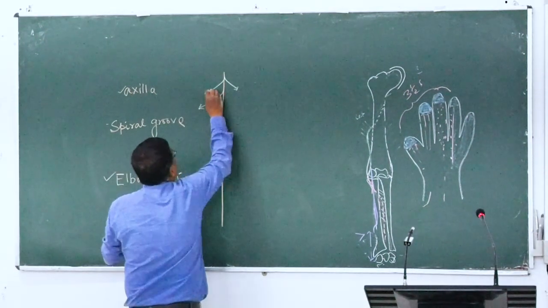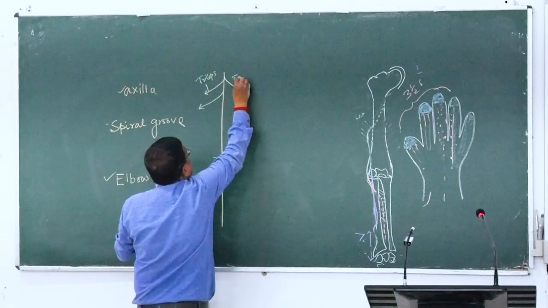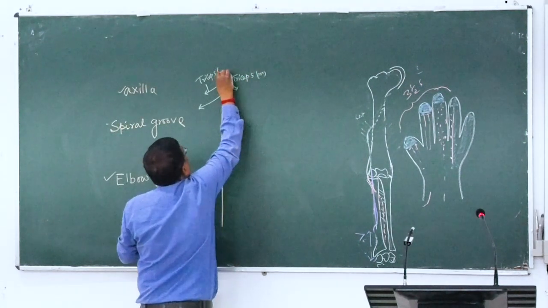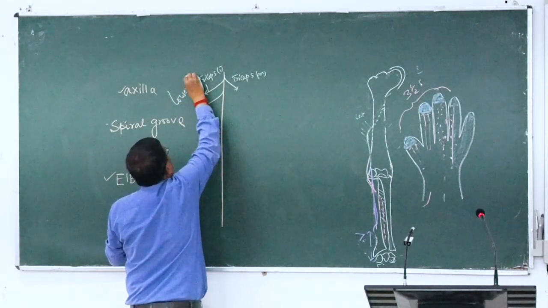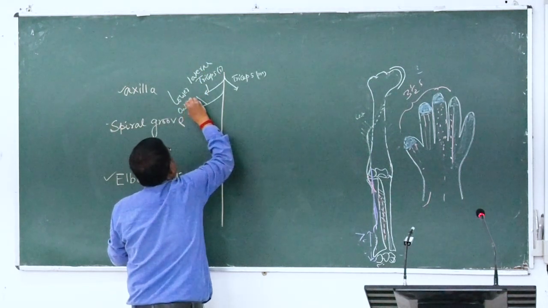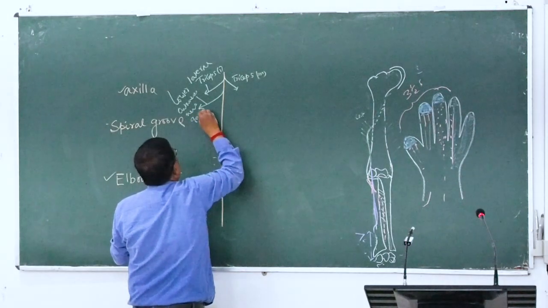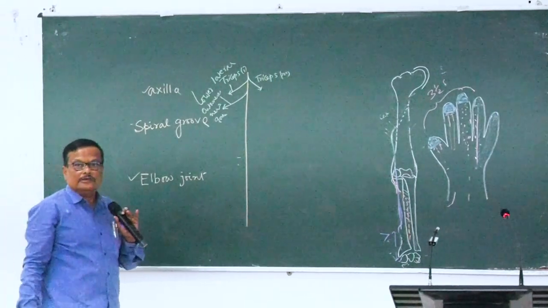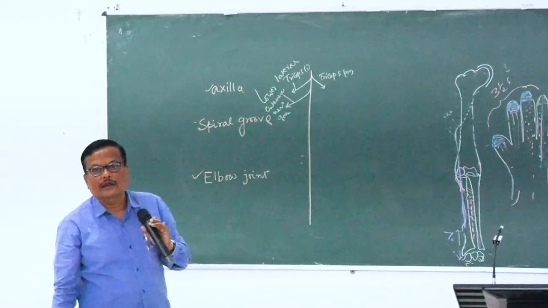So it is the triceps long head, the triceps medial head, and the lower lateral cutaneous nerve of the arm. In the axilla it gives these three branches. Then it enters the spiral groove.